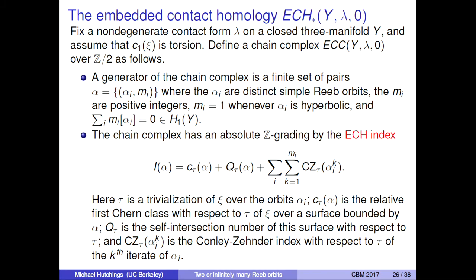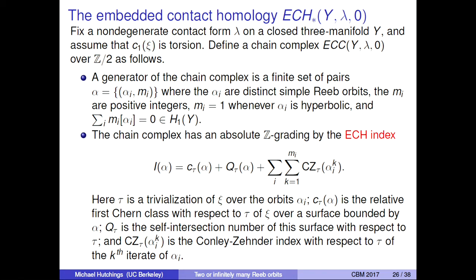So one thing we can do is talk about embedded contact homology. This is not the most general theory. There's a zero here, which means we're looking at the simplest case. So it's generated not by single Reeb orbits, but by finite sets of Reeb orbits.